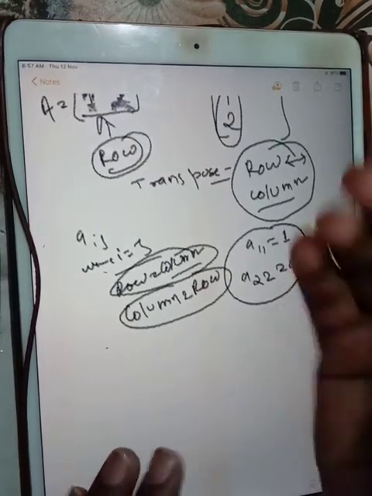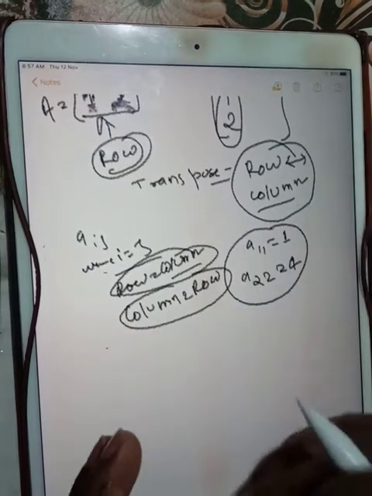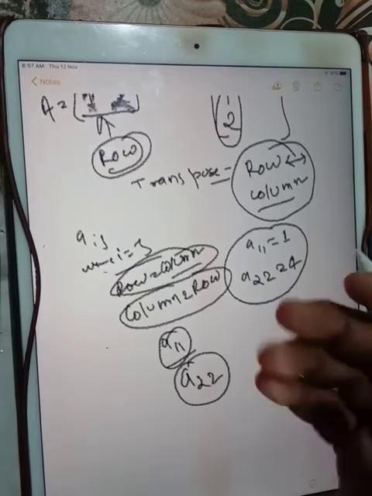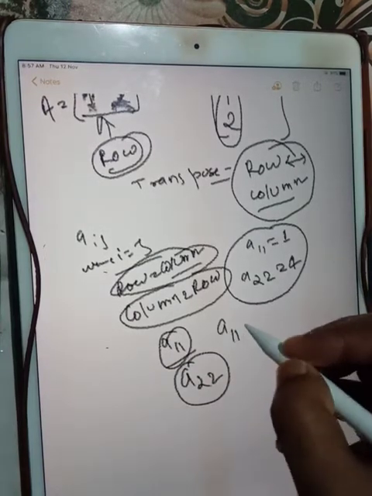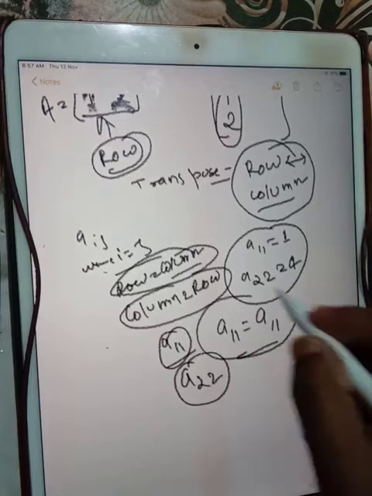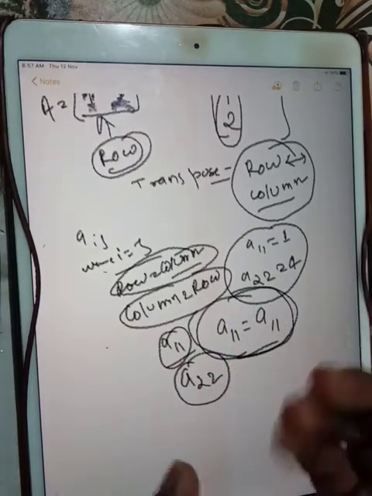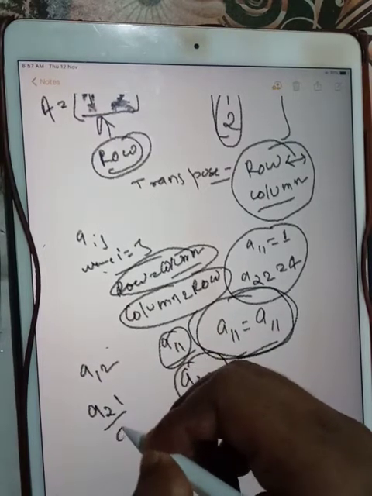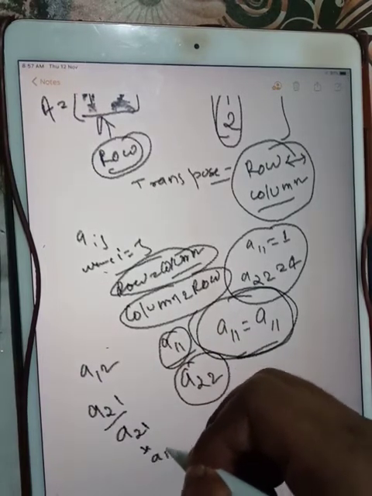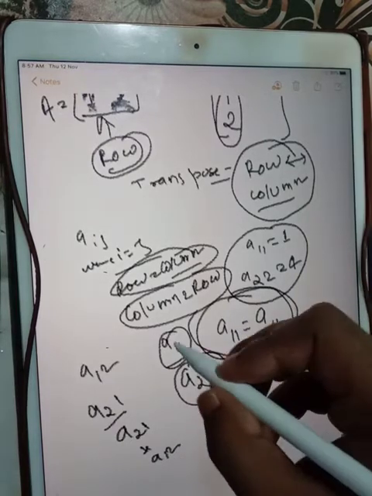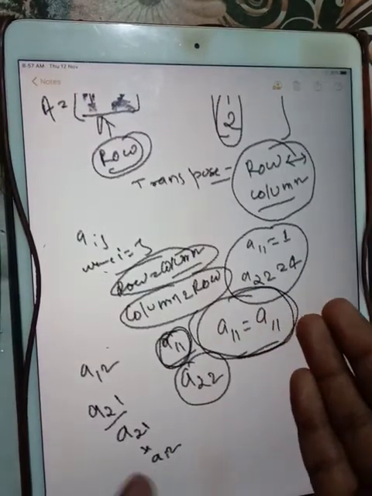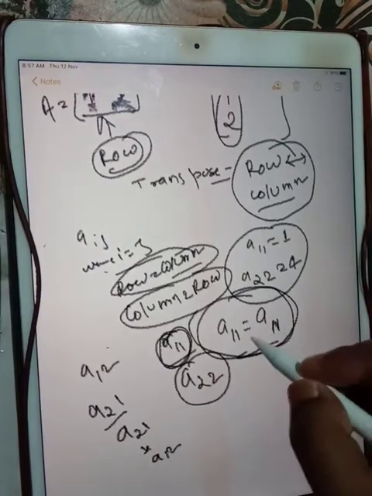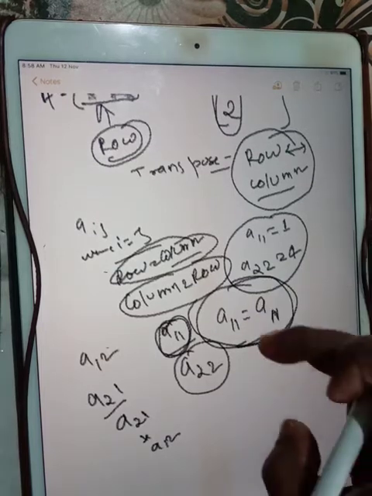Because if we reverse the order, if we interchange row with column, then a11 and a22 will be in the same place, because a11 equals a11. If you reverse the order, then a12 goes to a21 and a21 goes to the place of a12. But what about a11? a11 is also a11. If we interchange row with column, then a11 equals a11. That's why the diagonal elements remain in place.